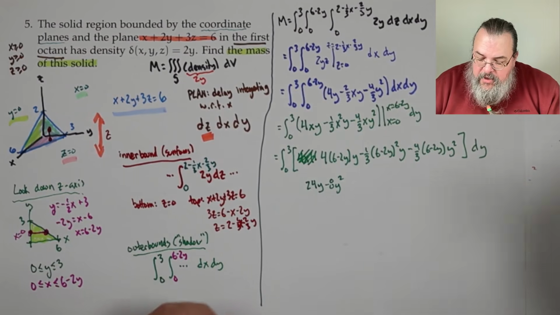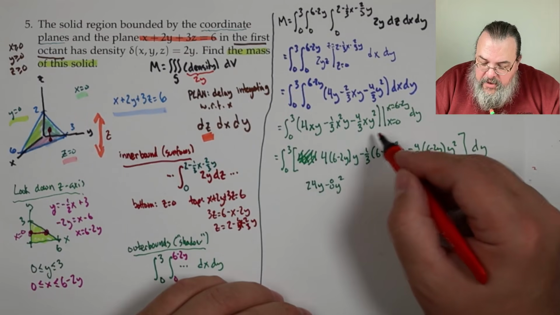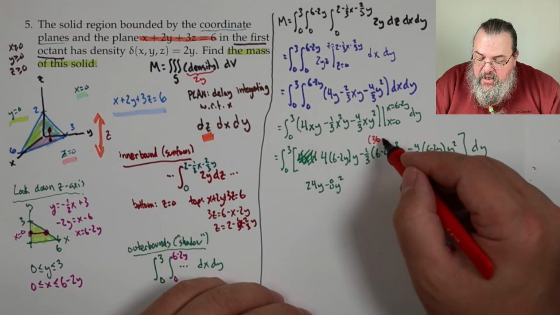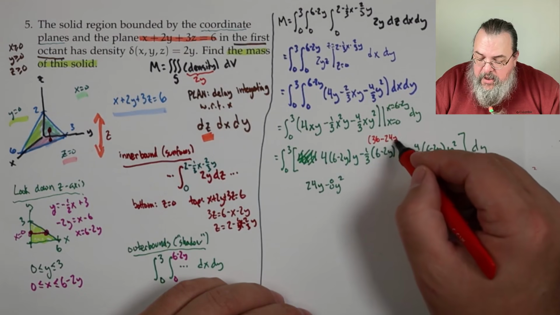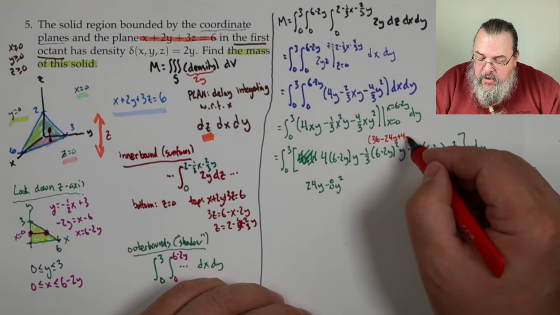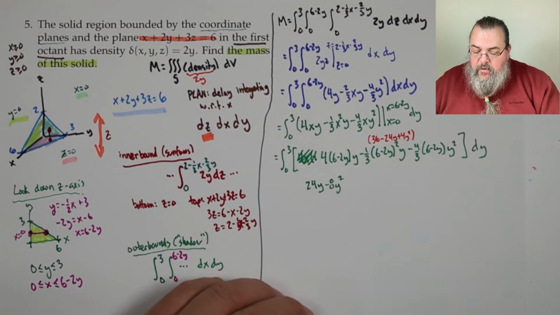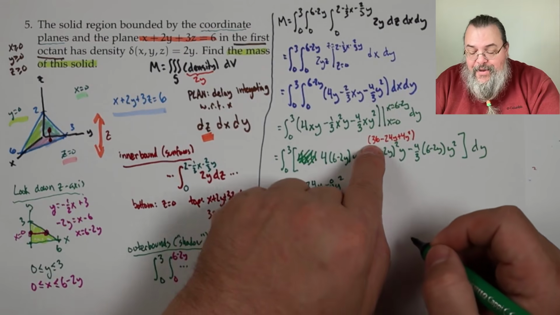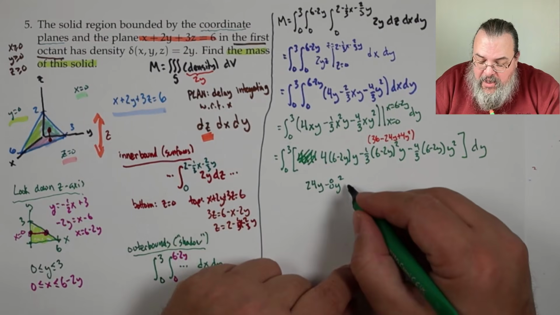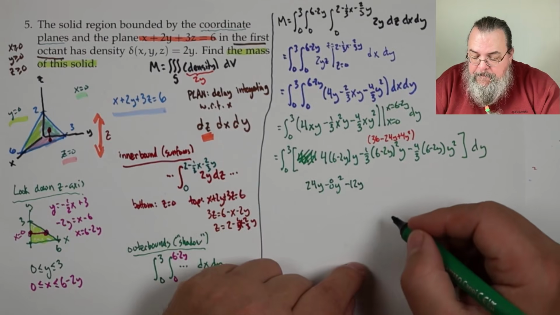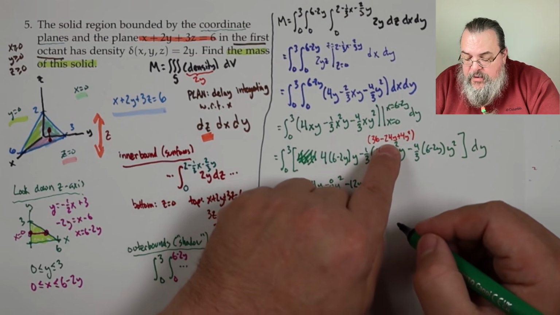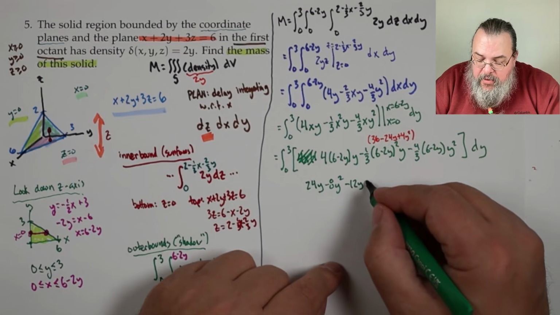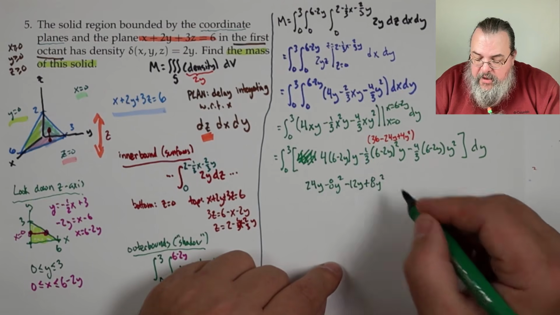We're going to make a little note here. 6 minus 2y, quantity squared, that's a squared minus 2ab plus b squared: 36 minus 24y plus 4y squared. Okay, so we have minus 1/3 times 36 times y, minus 12y. Minus 1/3 times minus 24y is plus 8y squared.